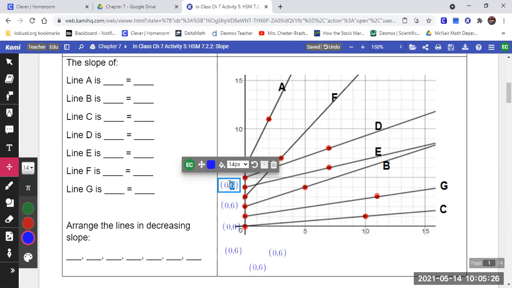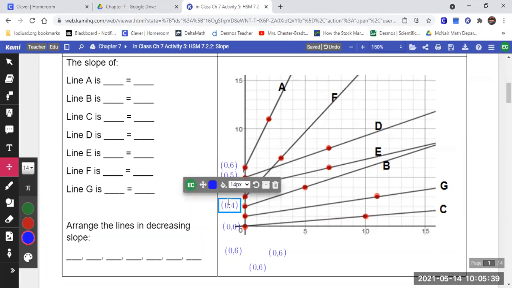Okay, this one's going to be 5. And then I'm going to move them up to make a little space. 4.